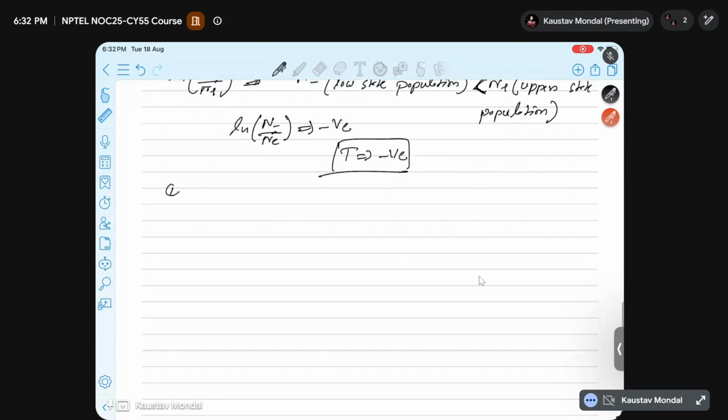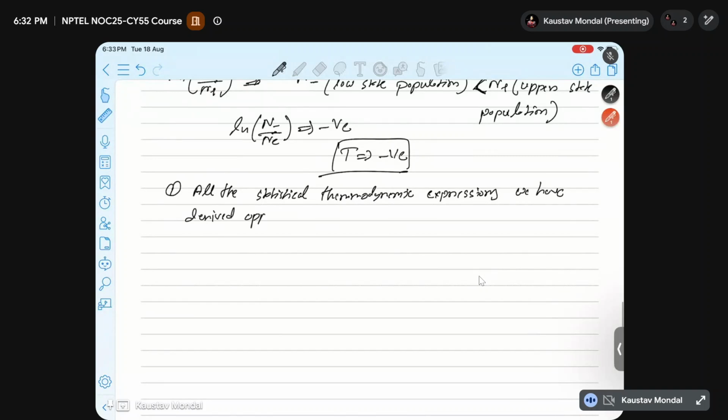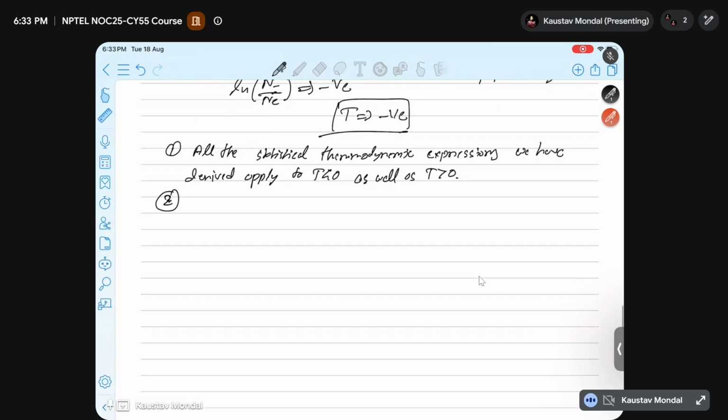First, all the statistical thermodynamic expressions we have derived apply to T less than 0 as well as T greater than 0. So in both cases, all these thermodynamic expressions are valid.